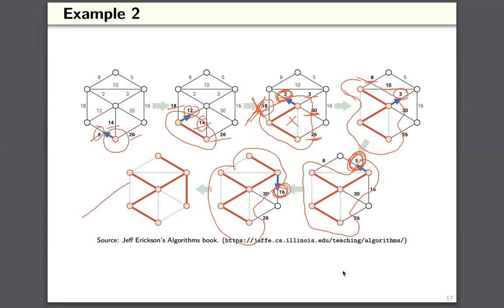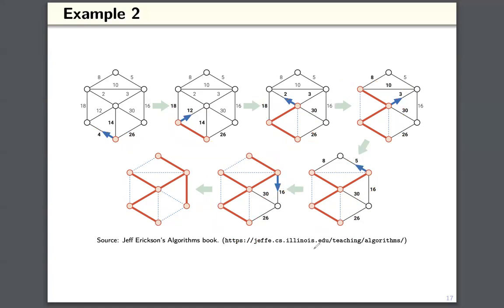See, another observation is this. If the edge weights are unique, you will have a unique MST. It's an important statement. I repeat, if the edge weights are distinct, if there are no duplicates, right? No repeated values in the edges, then the MST is unique. Got it?